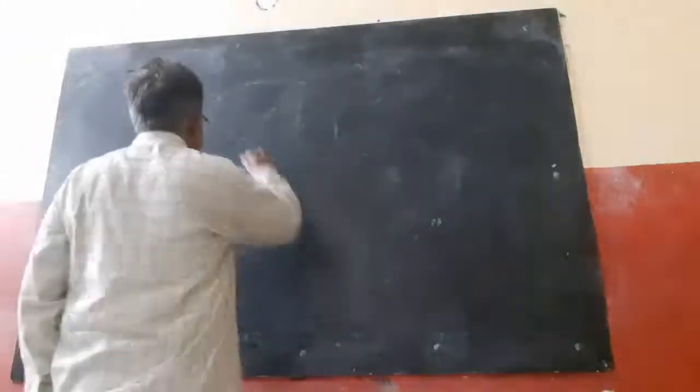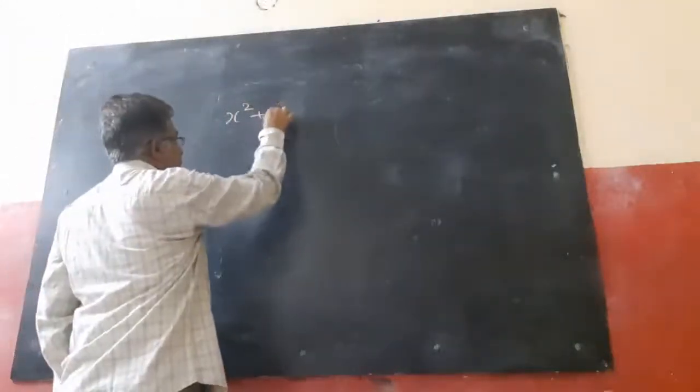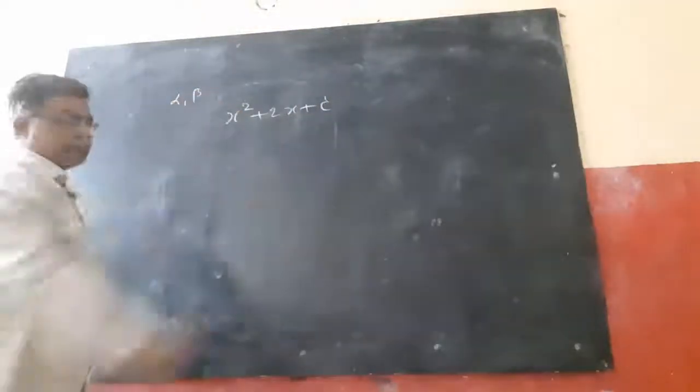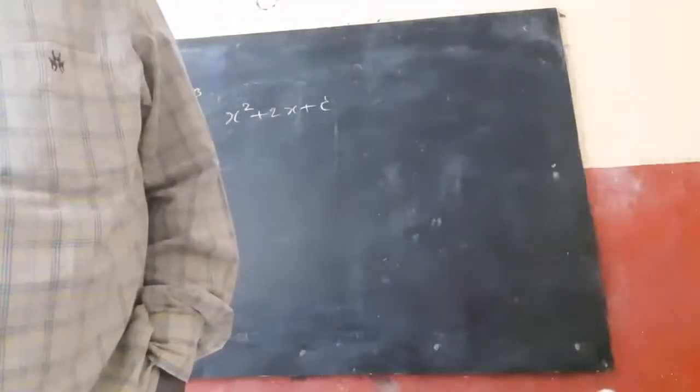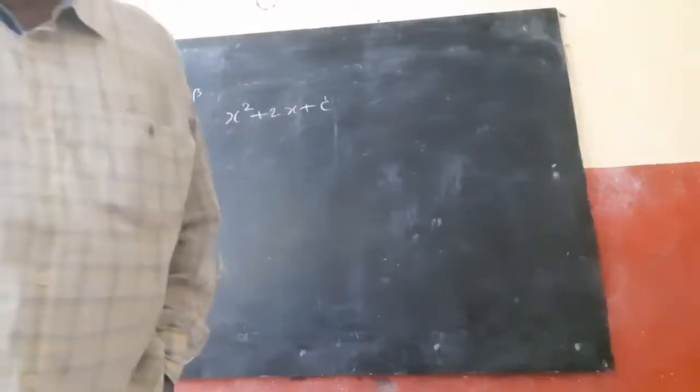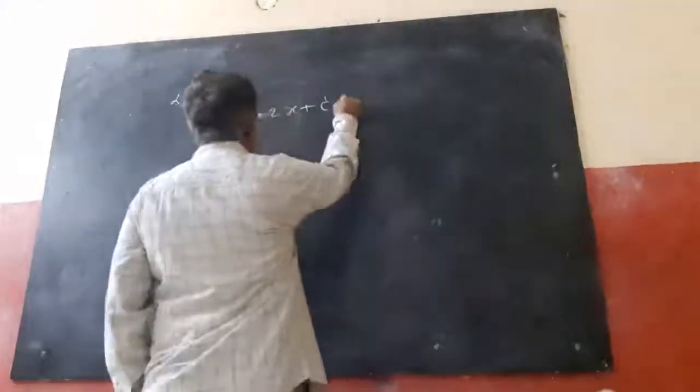Now coming to the next question. Alpha, beta are the roots of the equation x square plus 2x plus c equal to 0 and alpha cube plus beta cube equal to 4.